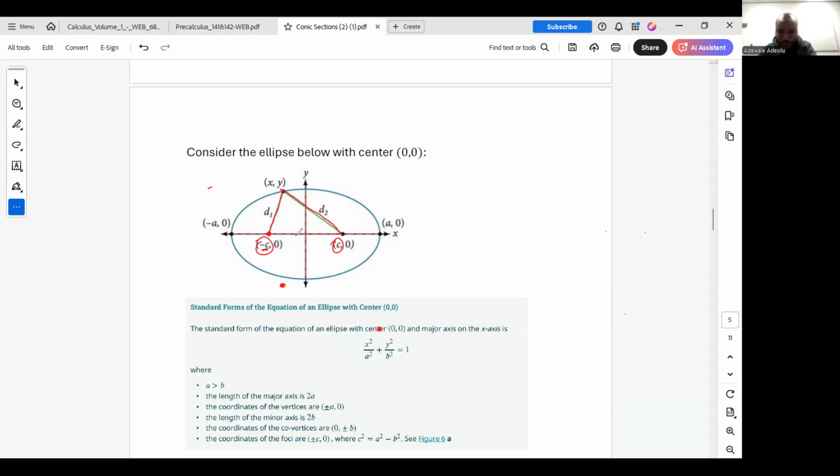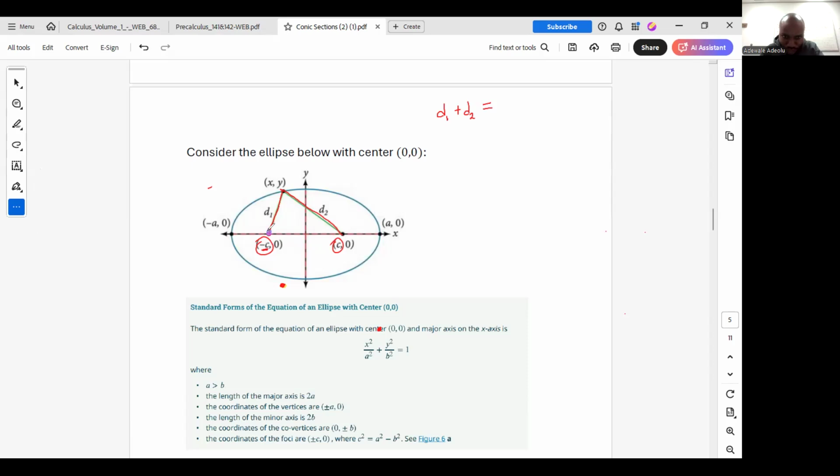Now I need all of this. So suppose I say that D1 plus D2 is a constant. Let me first figure out what D1 plus D2 is. Let me change my pen so that you see it very well.